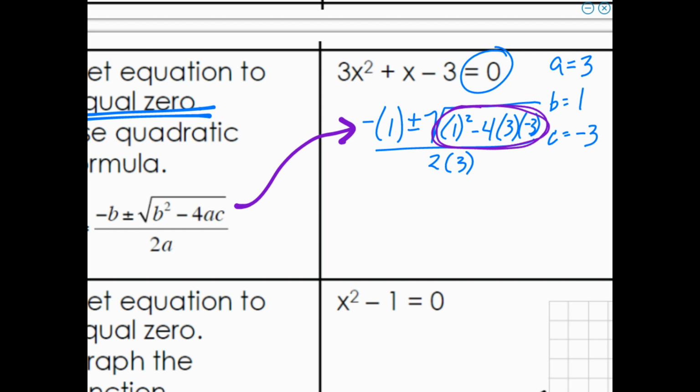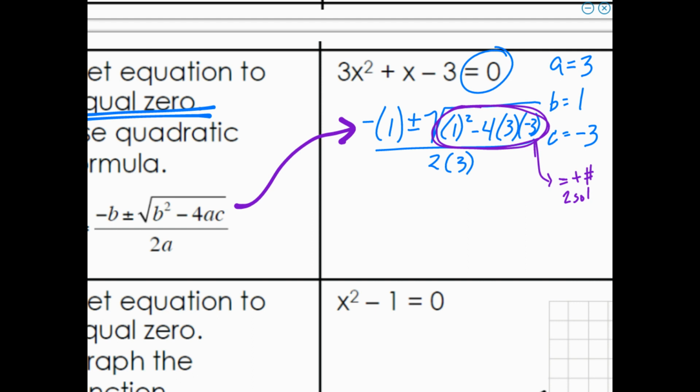Because depending on how that reduces, will tell you a lot about your answer. That is the discriminant. Remember how we talked about the discriminant before we actually talked about the quadratic formula? Okay, and we talked about if this, right, equals a positive number, okay, then there's two solutions.